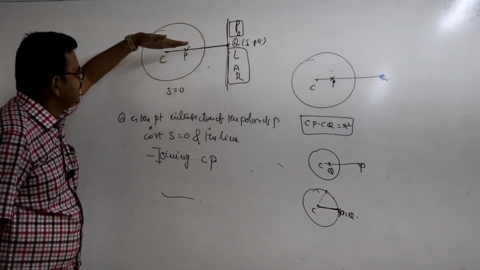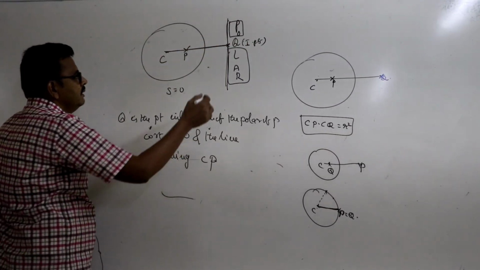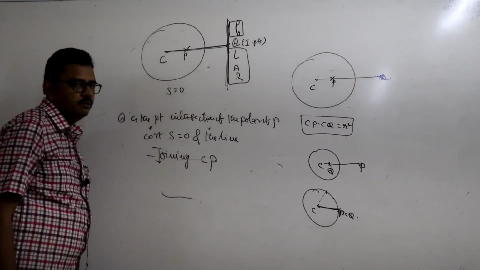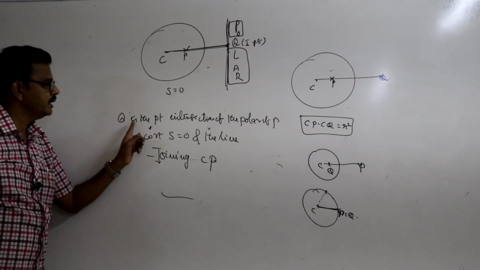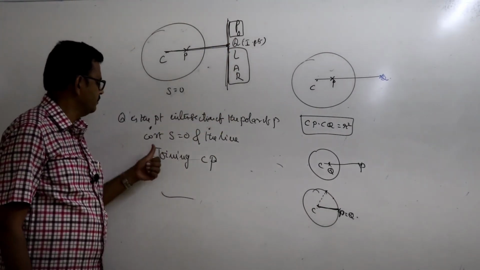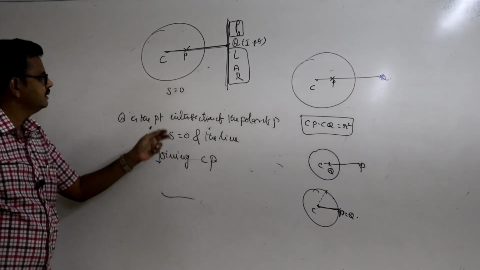This is the polar, and the line joining C and P. Solving these two equations, you get a point. That point is Q, which is the inverse point of P. Q is the point of intersection of the polar of P with respect to the circle S = 0 and the line joining C and P.